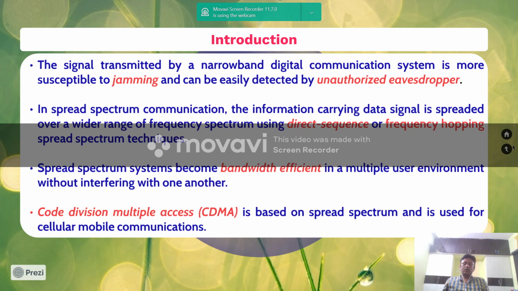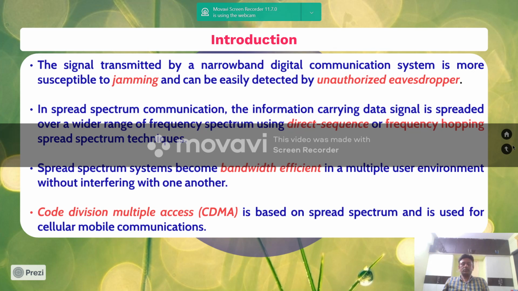So with this spreading technique, we try to protect the information which is transmitted. It is not possible to hack information which is spread over a wide range of frequency spectrum. Anybody can hack one or two frequencies, but it's not possible to hack the entire frequency spectrum.